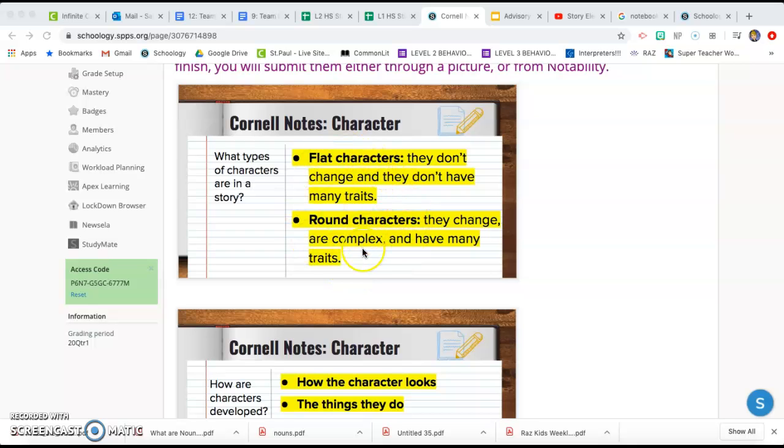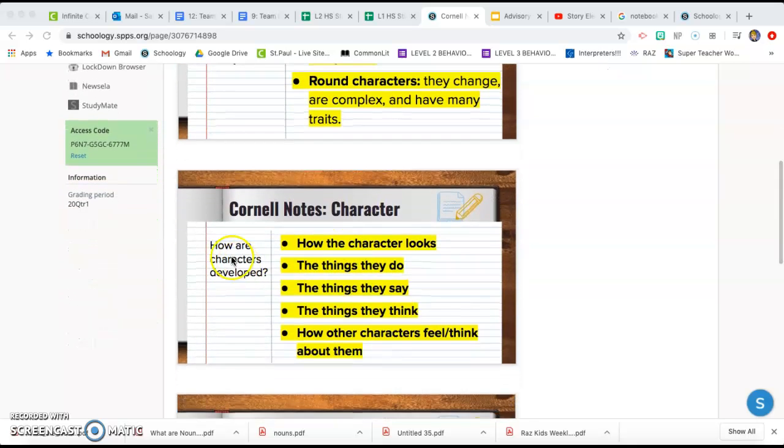After you copy this, you're going to go down and write the next sentence. How are characters developed? When we say developed, we mean how do these characters change throughout the story? How do they grow? These are some of the ways that characters change.